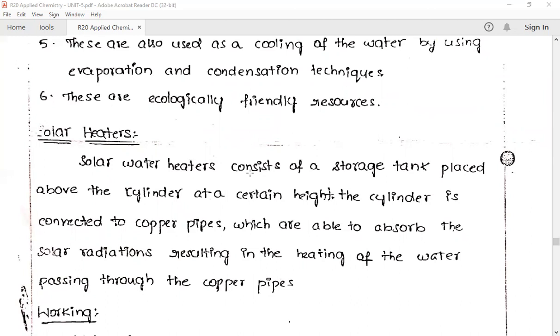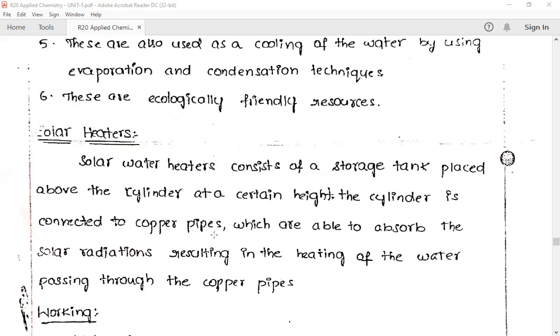The solar water heater consists of the storage tank placed horizontally, mounted above the solar collector on the roof. No pumping is required as the hot water naturally rises into the tank through thermosiphon flow, but it is placed above the cylinder at a certain height.